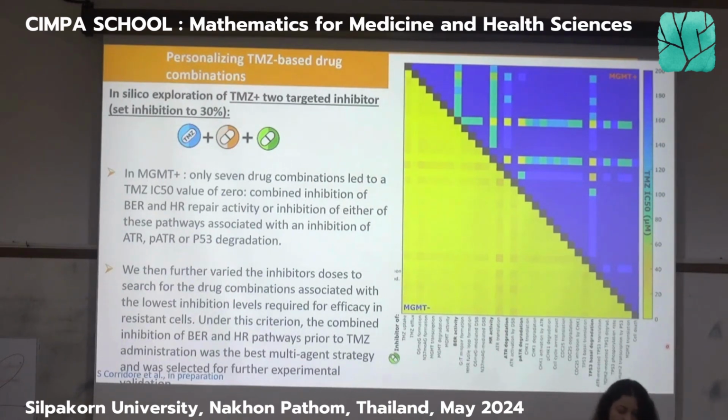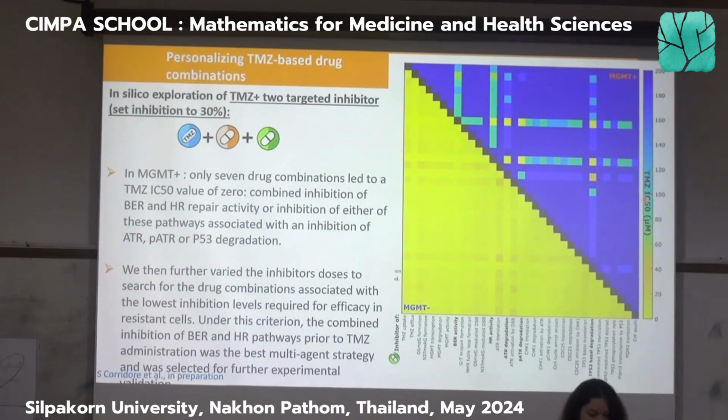As you can see, whatever combination you use, you will kill the sensitive cells anyway. So you don't really care about this lower triangle, because with any type of temozolomide plus 2 inhibitions, you kill all the cells. On the opposite, we are interested in the yellow squares, where the AUC is small, meaning that the temozolomide efficacy is large.